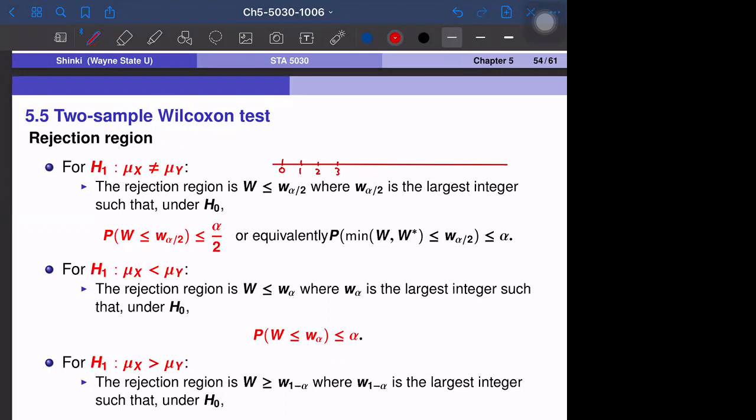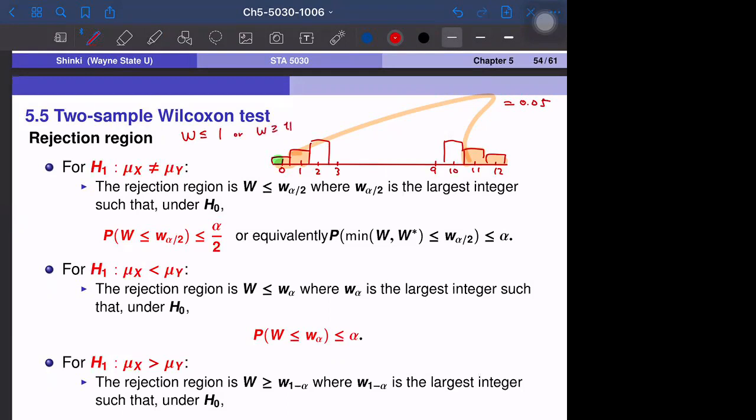So for example, if we have this kind of distribution, and suppose that the total area of here and here is equal to 0.05, then the rejection region is W smaller than 1 or W larger than 11.